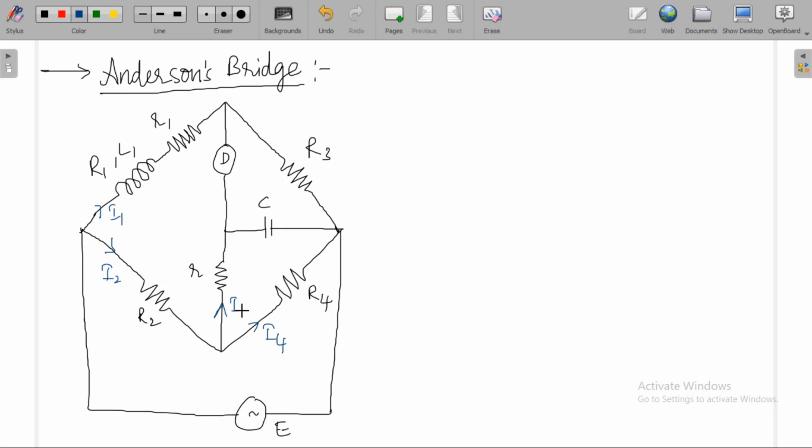Let IR be the current flowing into this. IC is the current flowing to this, and I3 is the current flowing to this branch.